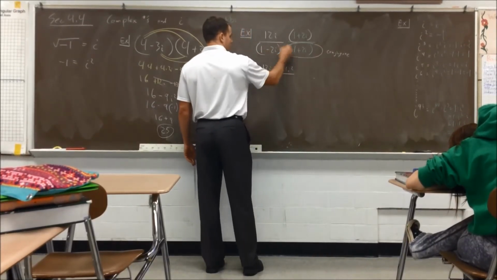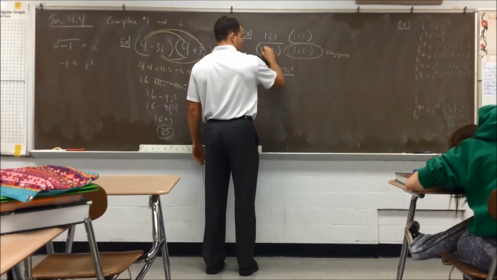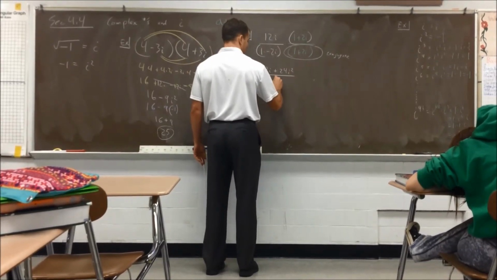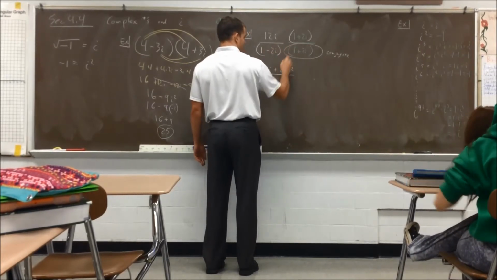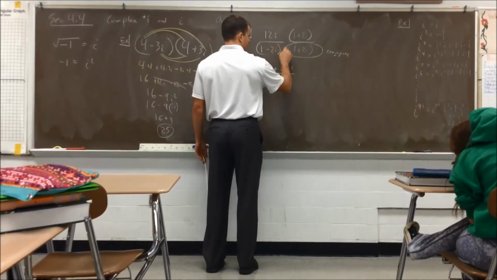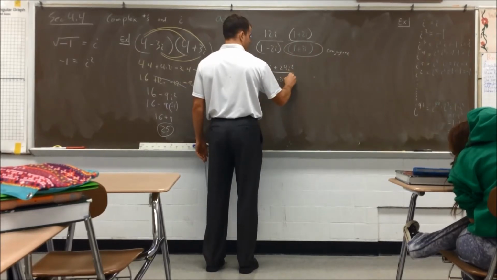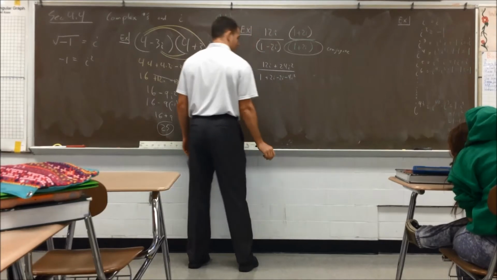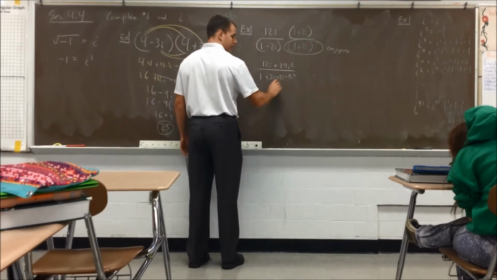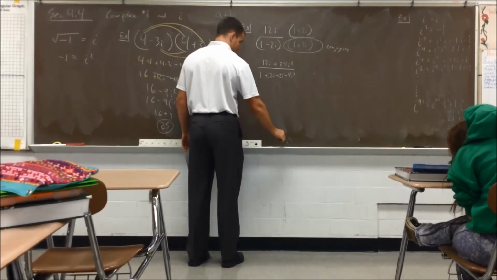And on the bottom, 1 times 1 is 1. 1 times plus 2i. And we have negative 2i times 1. Then negative 2i times 2i is minus 4i squared. Well, those middle terms cancel out for us, didn't they? That's super fantastic.